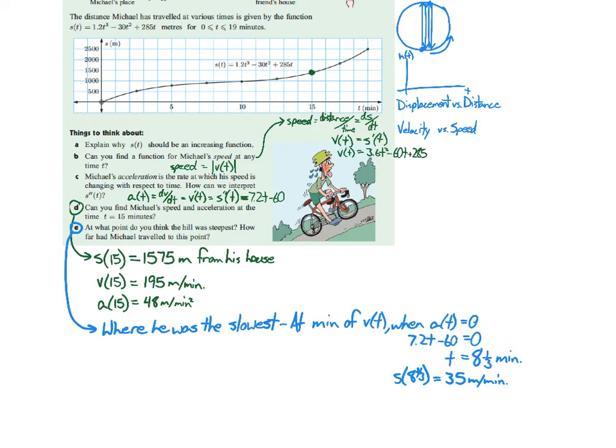Now, we're making an assumption here about that word steepest. It could be steepest against us, which is right here, or it could be the steepest for us, which means that our velocity would be a maximum. Now, there's only one critical value here.